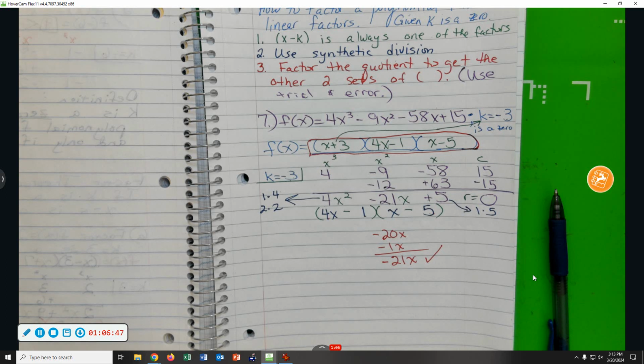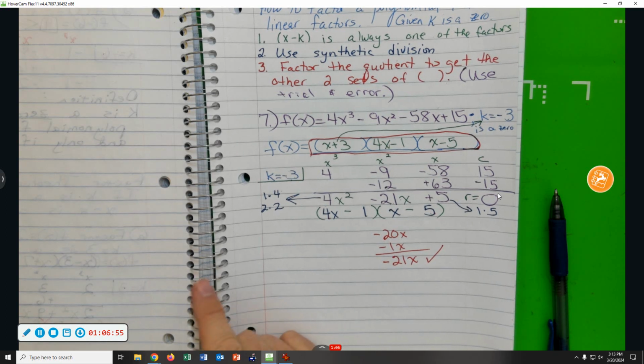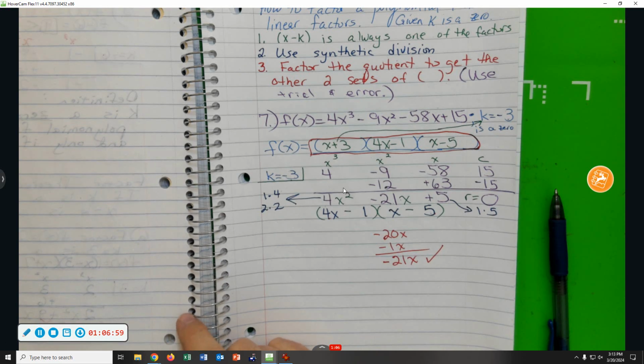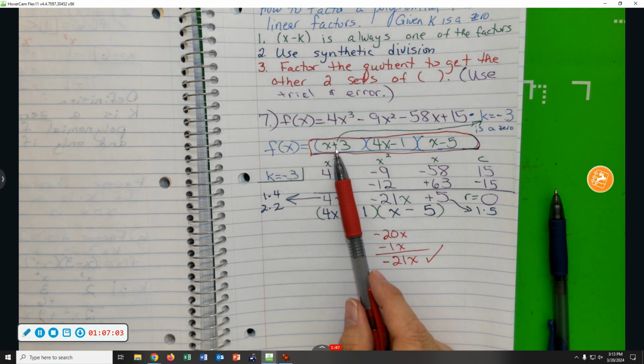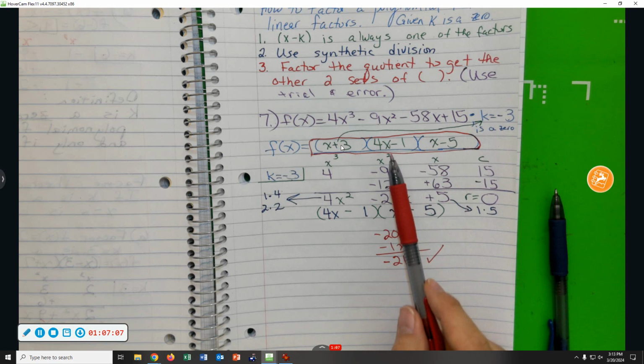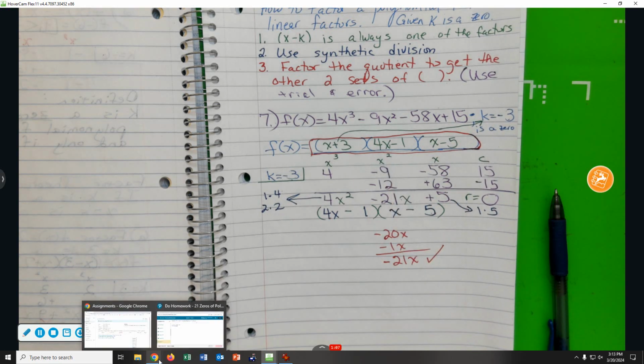Notice how we factor the x cubed into 3 linear factors. And the order in which you type the parentheses, just like when you're factoring a quadratic, it doesn't matter which one you type in first. I always write the factor that comes from the k value, but you can type in 4x minus 1 first, and then the x plus 3.